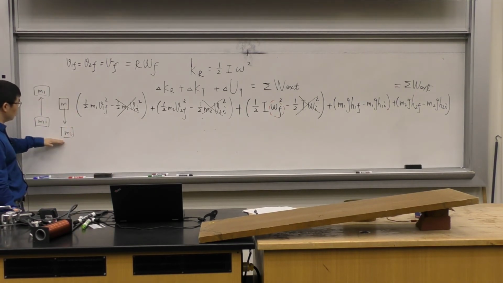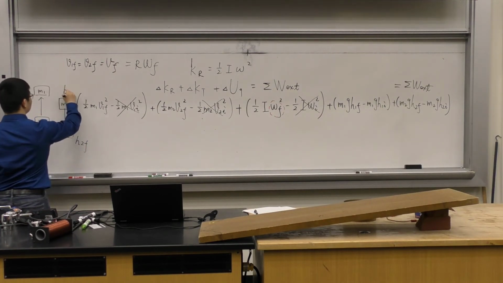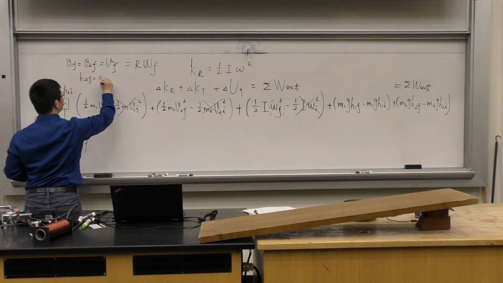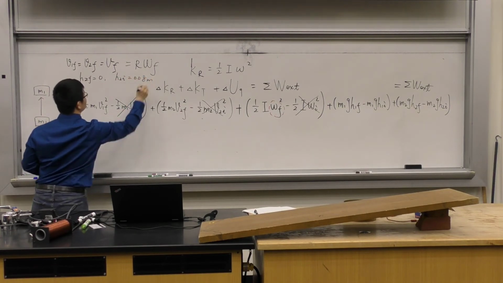So for M2, I'm going to call the final 0, because final is lower than initial. So H2F, I'm going to call it 0. H2I, I'm going to call it 8 centimeters.